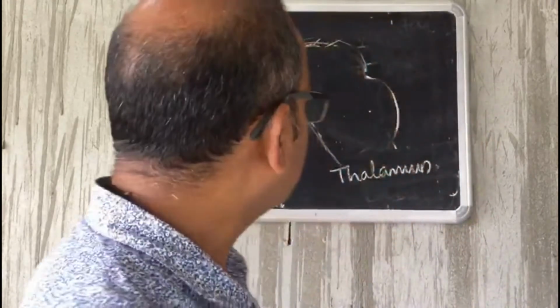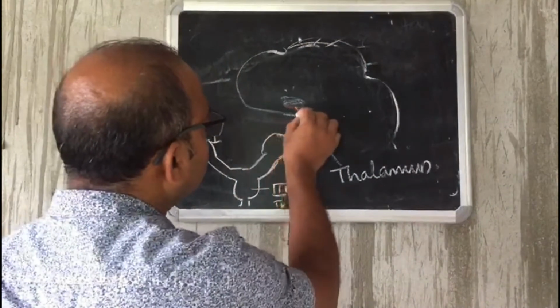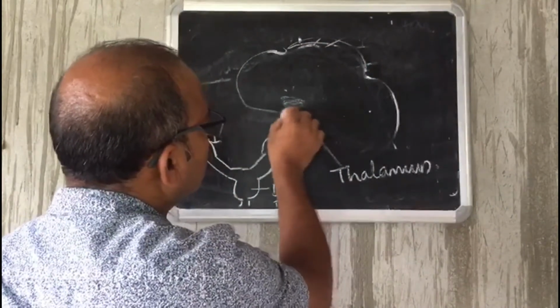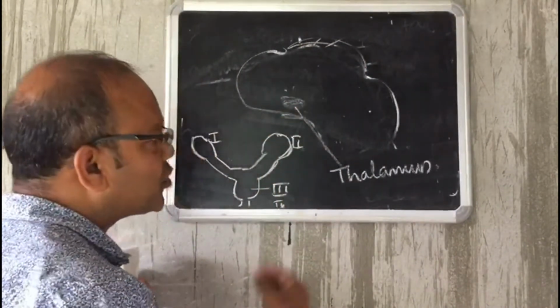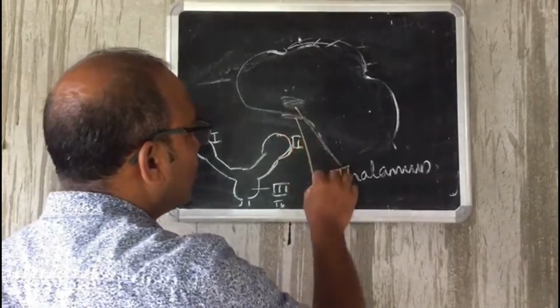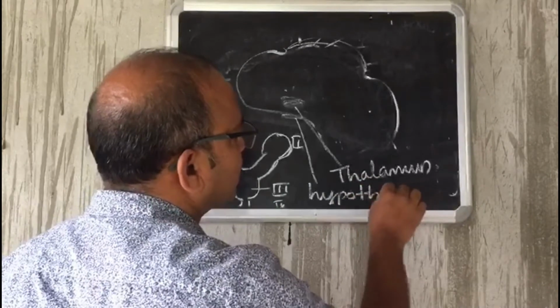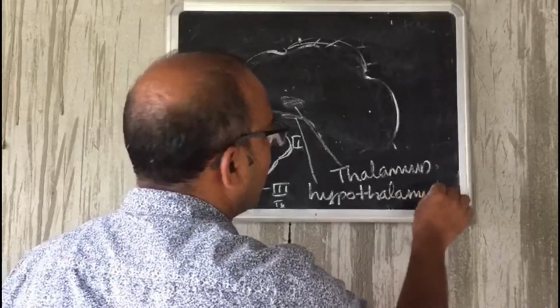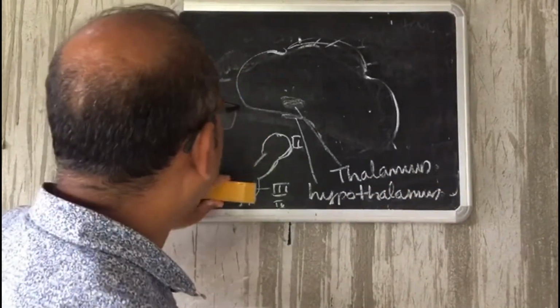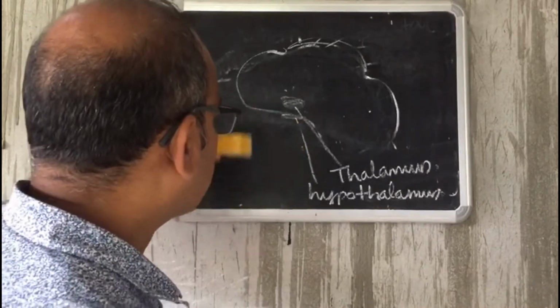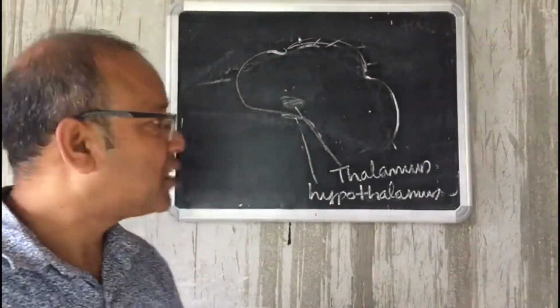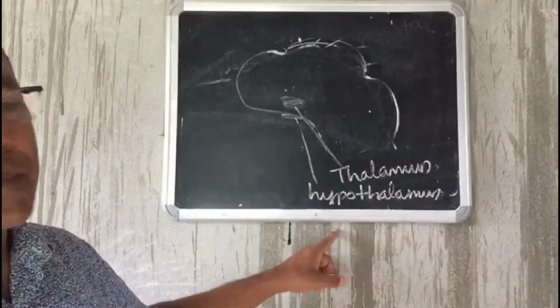Now, just below the third ventricle, there is another specialized region called the hypothalamus. Hypo means below, so hypothalamus gives you an idea that it lies below the thalamus.